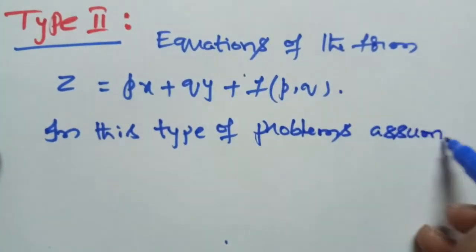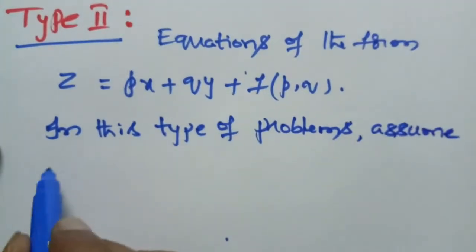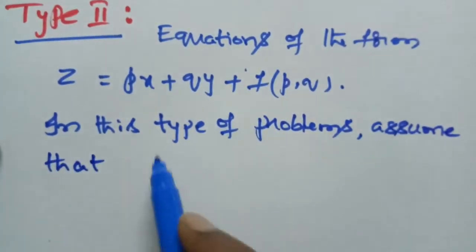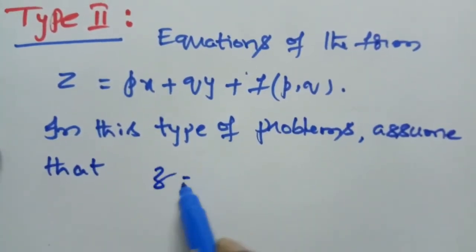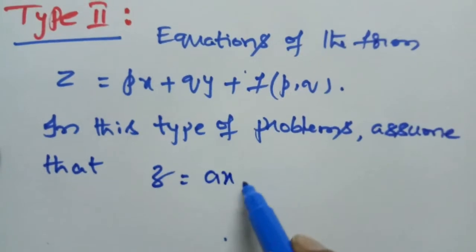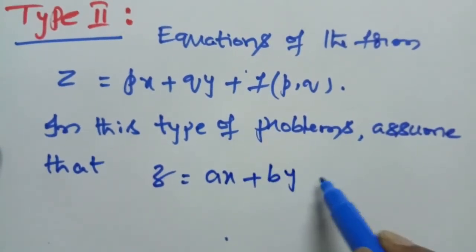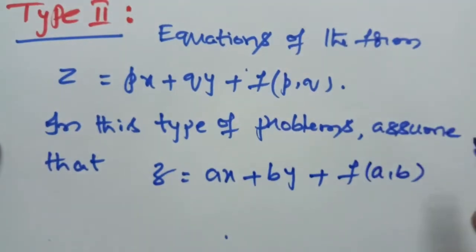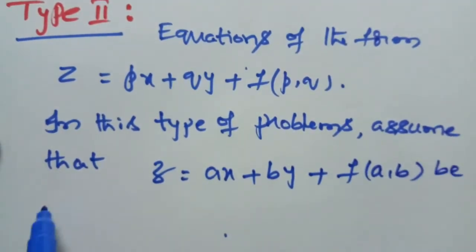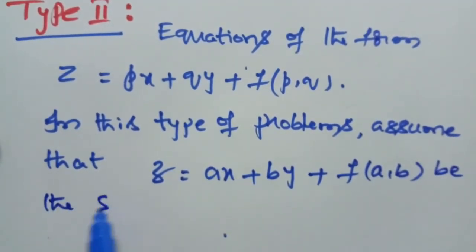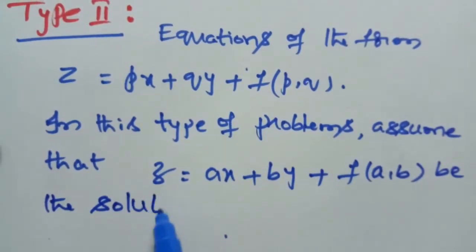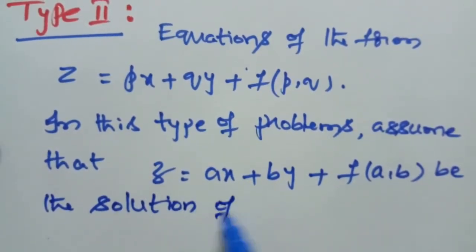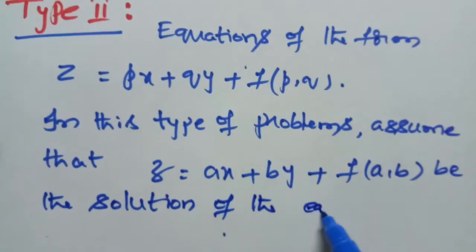assume that z is equal to ax plus by plus f of a comma b be the solution of the equation.